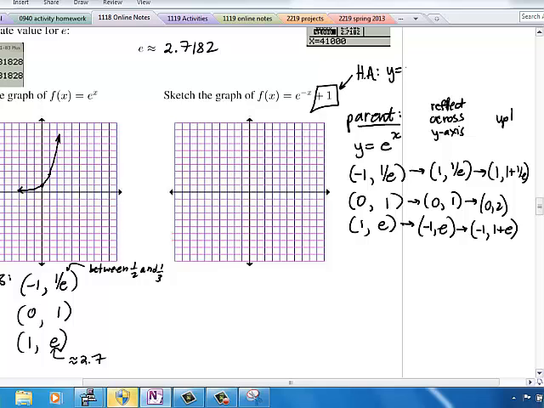So it'll be at y equals 1 instead of y equals 0. So let's graph that right away. And then the others, we had 1, 1 plus between a half and a third, 0, 2, and then -1, 1 plus e, so like 3.7 roughly.